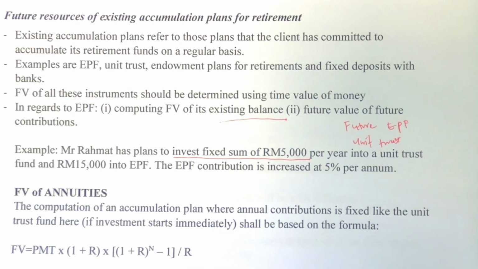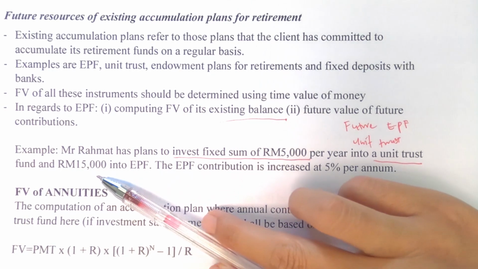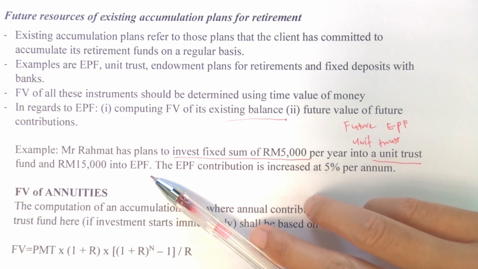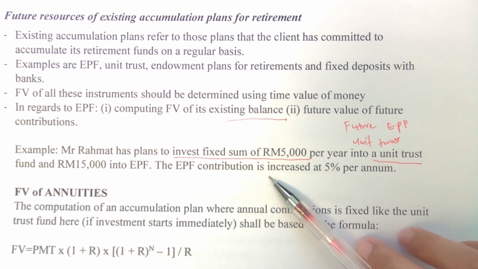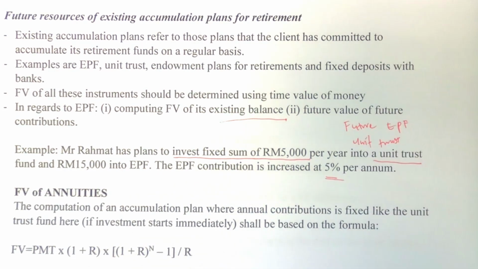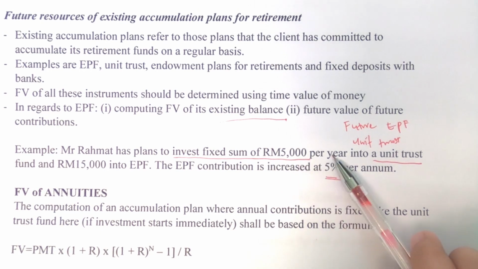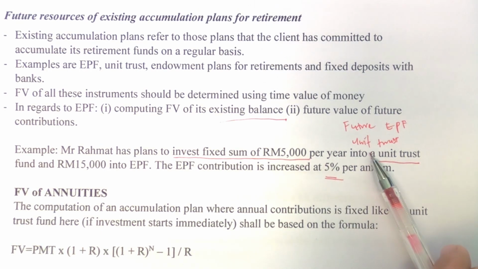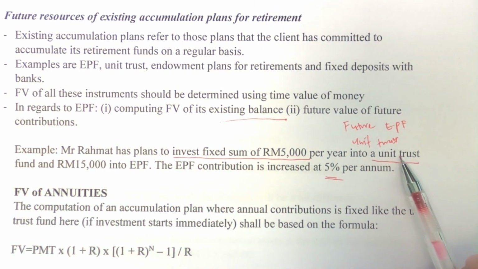So every year 5,000, 5,000, 5,000 will be paid into a unit trust fund, and 15,000 into EPF, and the EPF contribution is increased at 5% per annum. Therefore, in this instance, let us calculate for the fixed sum of 5,000 per year, the investment that will be made to the unit trust.